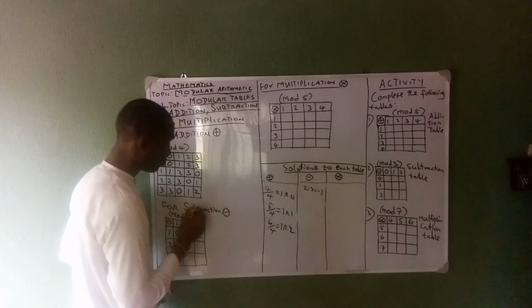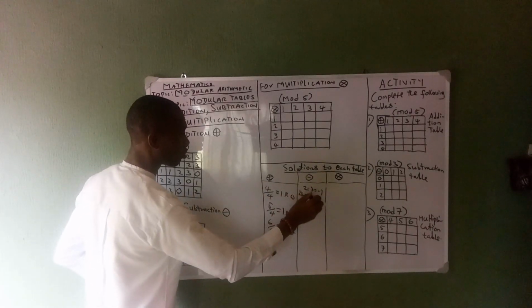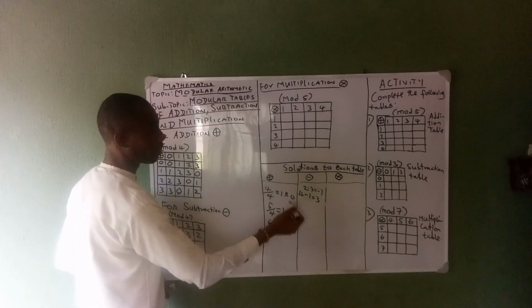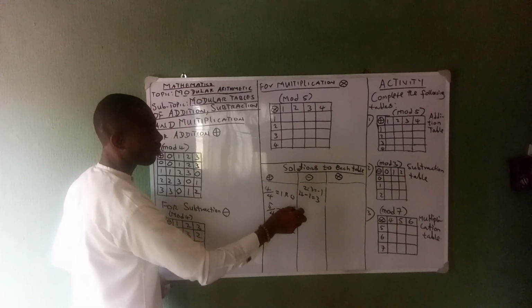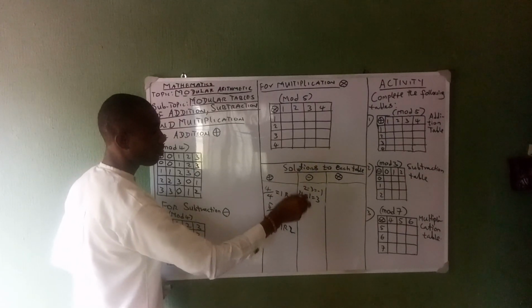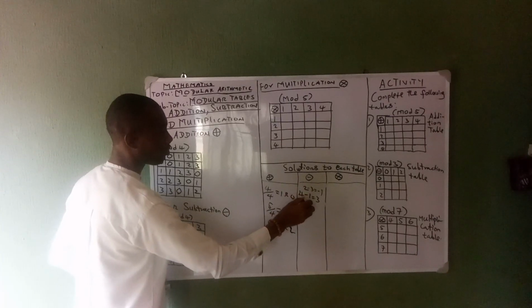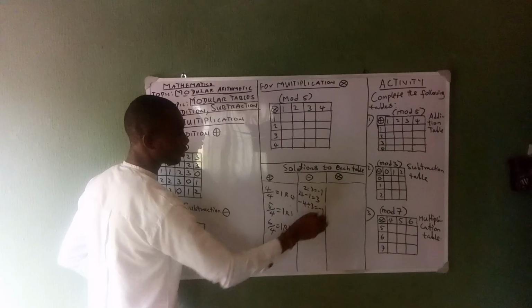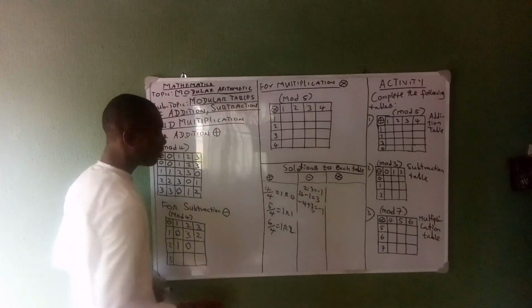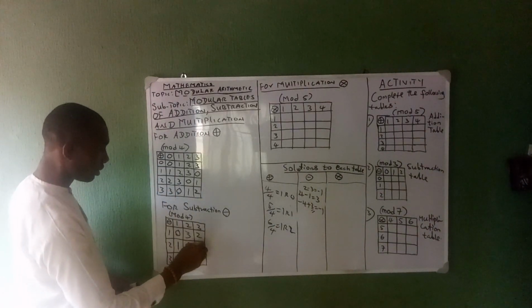Remember I said since it's in mod 4, we say 4 minus 1, which is 3. Or we can just say that minus 4 plus 3 is the same thing as minus 1. So we'll take the positive inverse. So here should be 3.